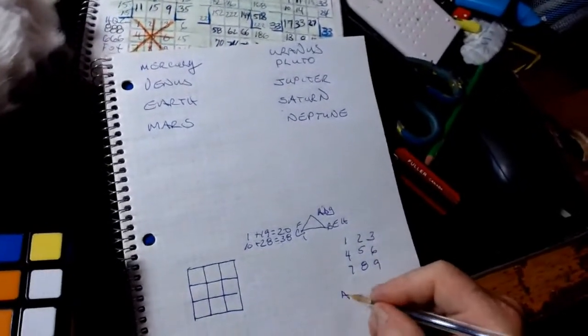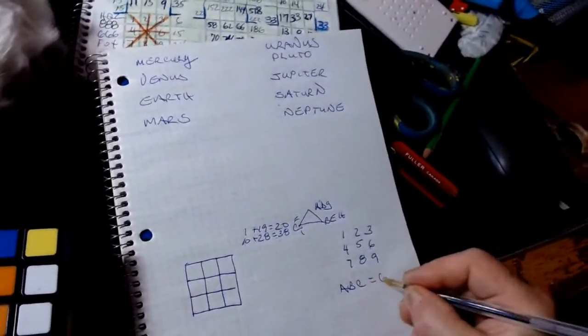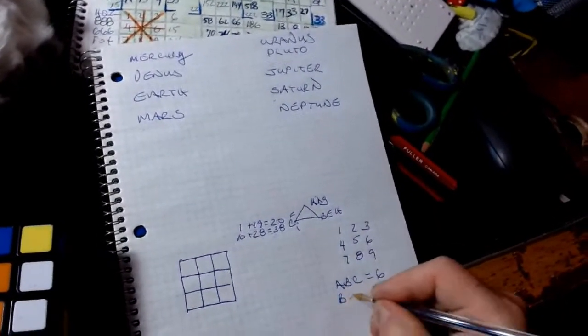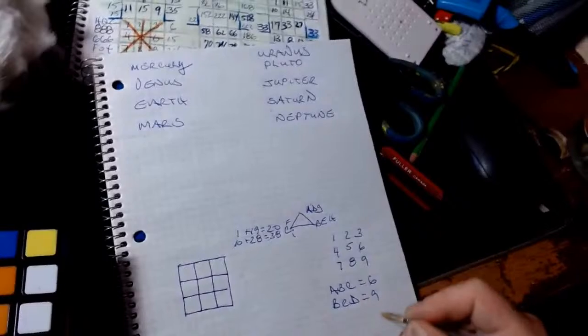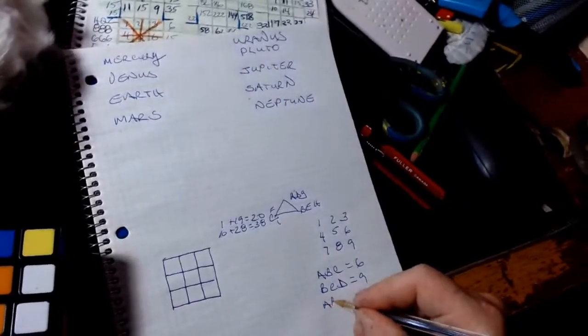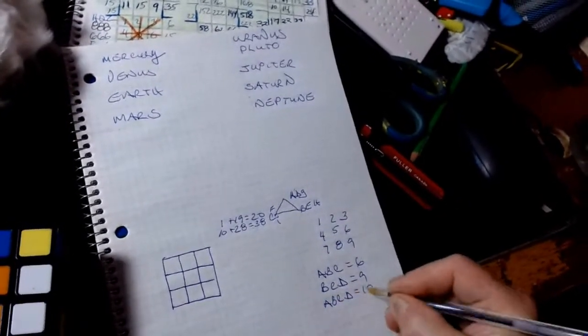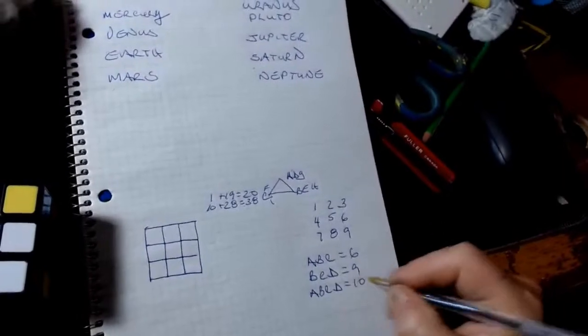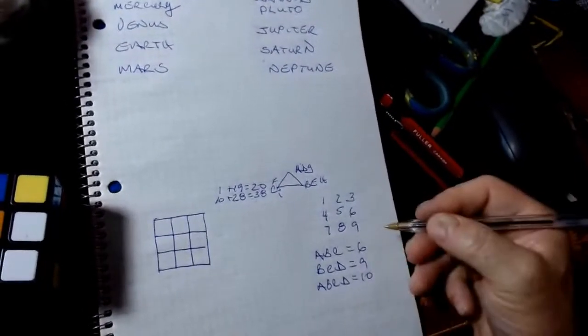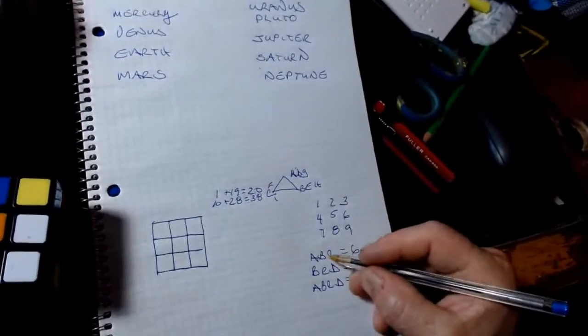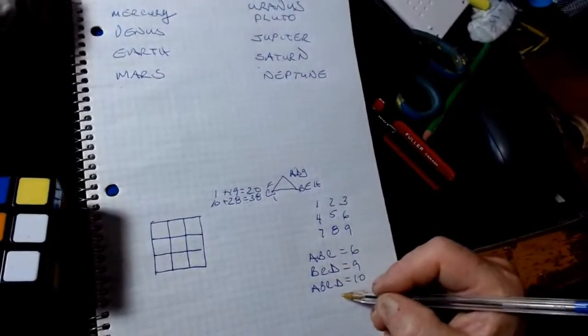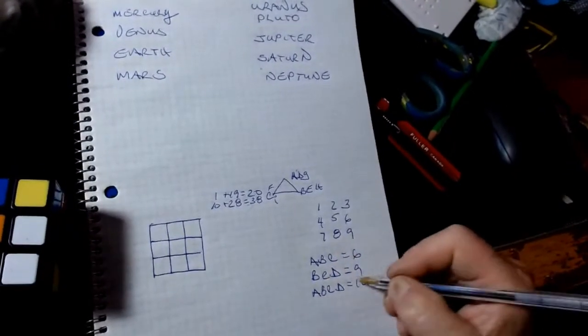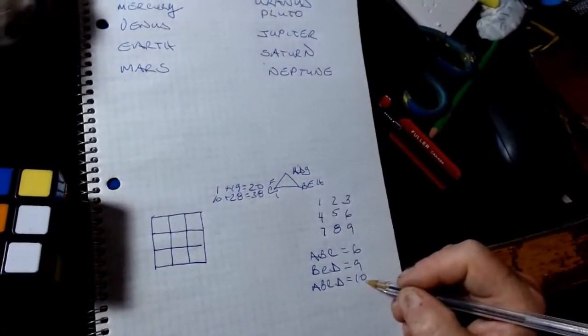But it's not till you get A, B, C equaling 6, right? Well, you'll get B, C, D equaling 9, where you'll have A, B, C, D equaling 10. So you have all of them equaling 10, but we end up with more because we break it down and it's 3 out of 4 and 3 out of 4. So it becomes 1.5 more than the value of what it is.